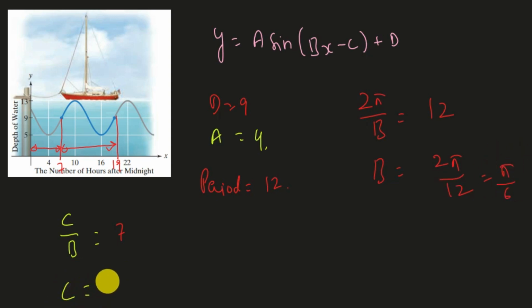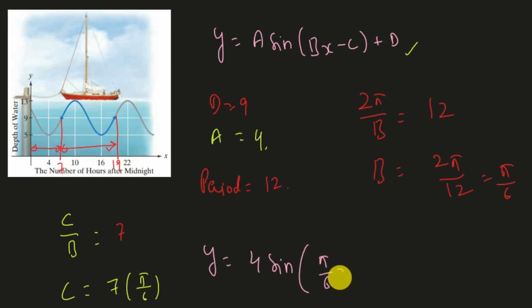So C would be 7 times B, where B is pi by 6. Now we have all the values A, B, C, D. We can plug them in to give the answer. So y equals A, which is 4, sine of B, which is pi by 6, times x minus C, which is 7 pi by 6, plus D, which is 9.